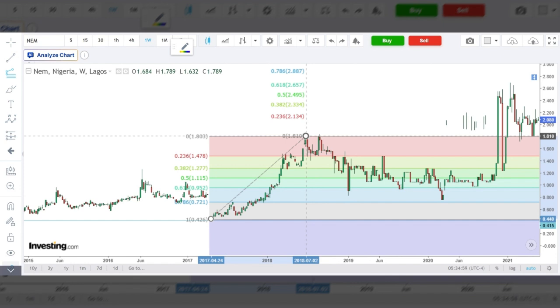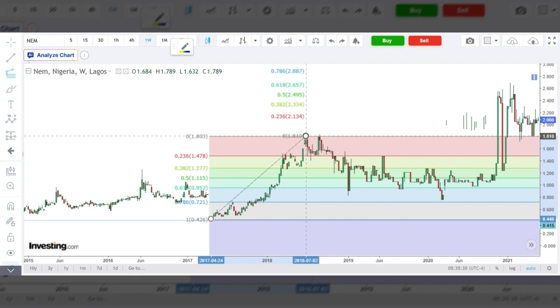Normally in retracement, when you're looking at the Fibonacci sequence, retracement usually comes in between 0.382, 0.5, or 0.618. Sometimes it goes to 0.786, or if you know it by percentage, you can say 38.2%, 50%, 61.8%, and 78.6%.